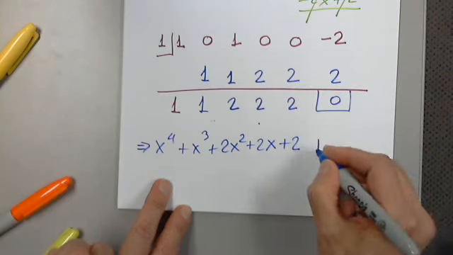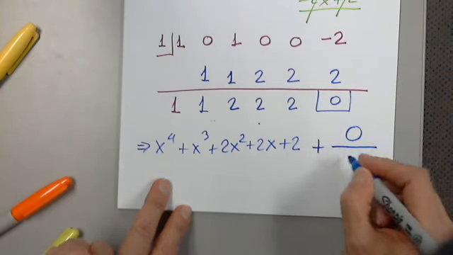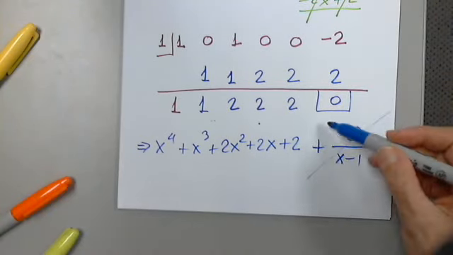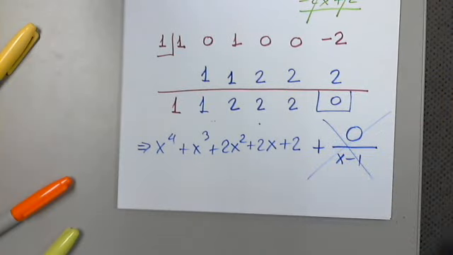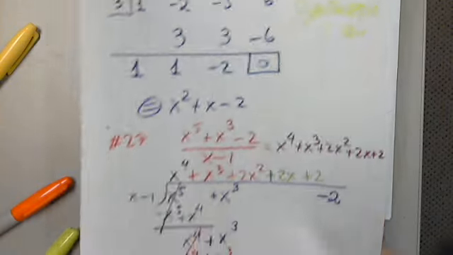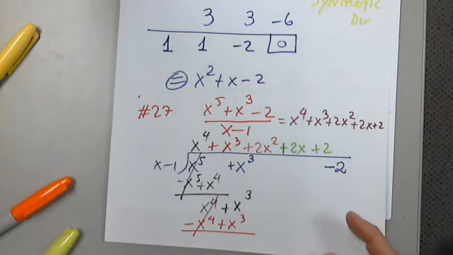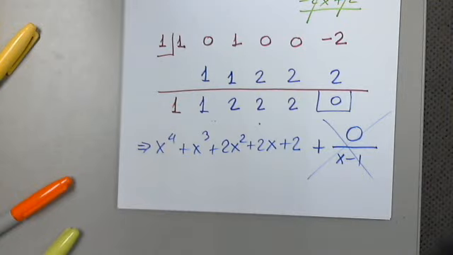I don't recommend it. I'm just making a point. But this is not necessary. But if we had a remainder, it would have been whatever over x minus 1. What can you say about x minus 1 for this polynomial? Yes, it's a factor. Because the remainder is 0, that is a factor.